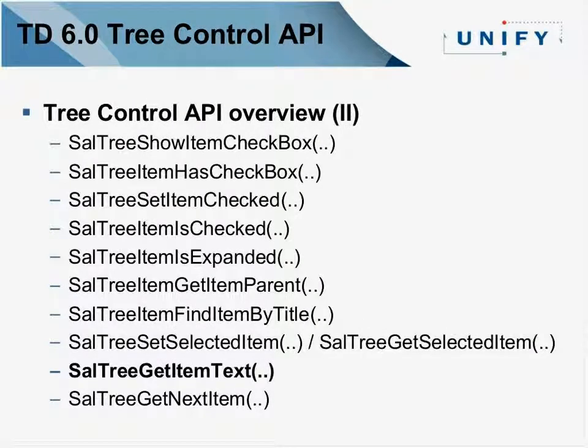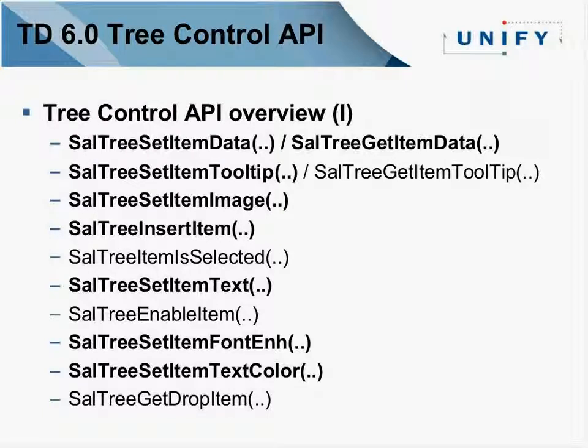First, I want to give you an overview about the style tree set item data, the get item data, to manage tooltips, to set images and insert items, and of course set item text. And I want to talk about item font enhancement and text color.